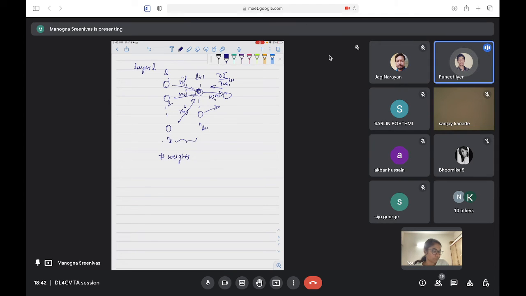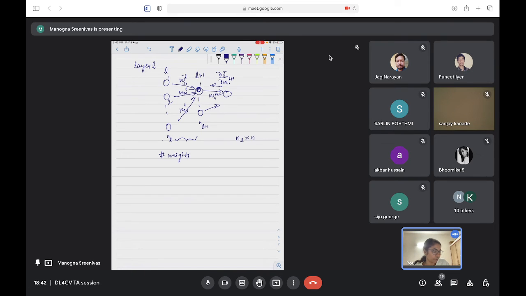NL into NL plus 1, right? Because for the first node I need NL number of weights, so W11, W21, up to WNL1. So these many weights I need to update just one node in my next layer. So in total I need NL into NL plus 1 weights.